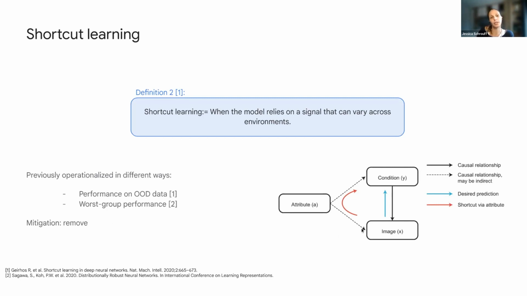But as I mentioned, in medical imaging, we can have this mix of signal such that if we actually remove the signal, we might end up hurting groups as well. There's actually some work showing that if you perform the mitigation, you actually hurt all groups. So we're going to slightly amend the definition of shortcut learning for the purpose of fairness, and we're going to relate encoding, fairness, and shortcut learning.